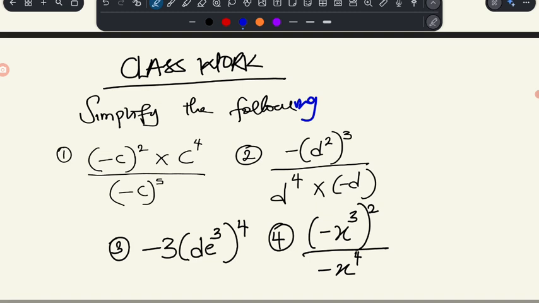Number 2: minus, bracket open, d squared all raised to power 3, divided by d raised to power 4 times minus d. Yes, just a minus d. Number 3: minus 3, bracket, de raised to power 3 all raised to power 4. Number 4: minus s to the power 3, minus s to the power 4, but minus s to the power 3 all squared. So don't forget to solve it step by step.